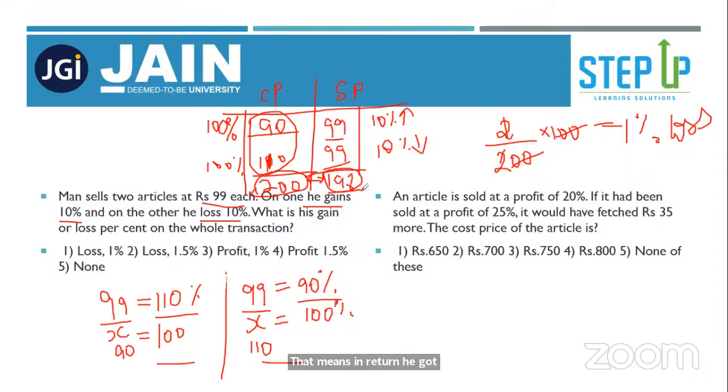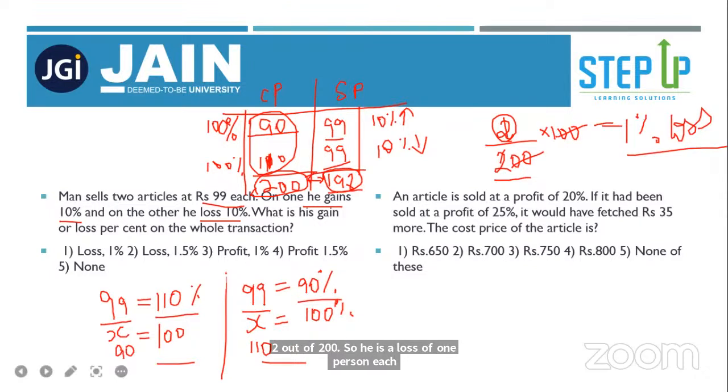Okay. So that means he lost 2 nairas out of 200 nairas, or you can make it in rupees, 2 rupees out of 200. So he is at a loss of 1%. Are you clear with that?